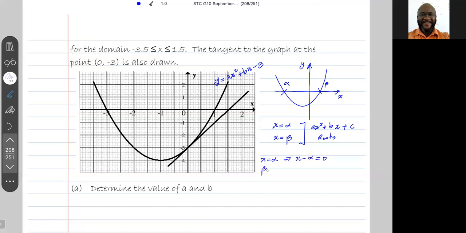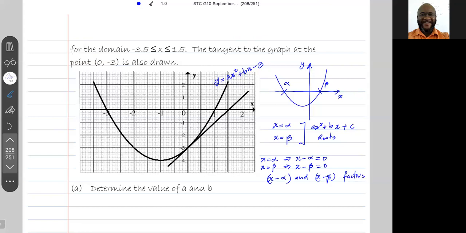And x is equal to beta, therefore x minus beta is equal to 0. Guys, x minus alpha and x minus beta are what you call the factors of the quadratic expression.